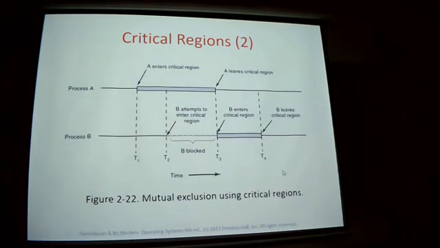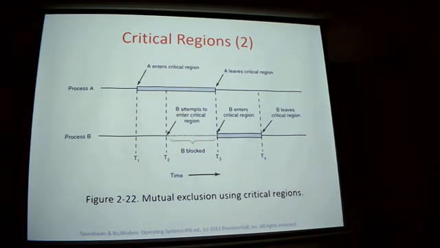So there is a figure about critical region. There are two processes, process A and process B. These two processes share some global variables. If one process enters the critical region, then we should block the other process. Entering the critical region means that this process may change or use the global variables.